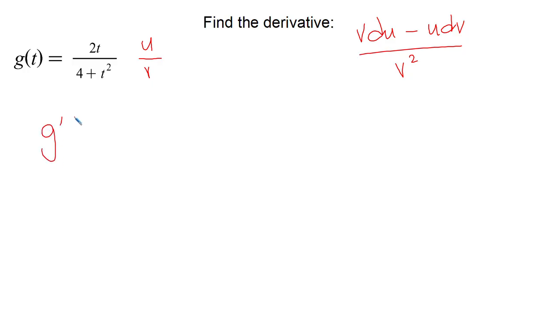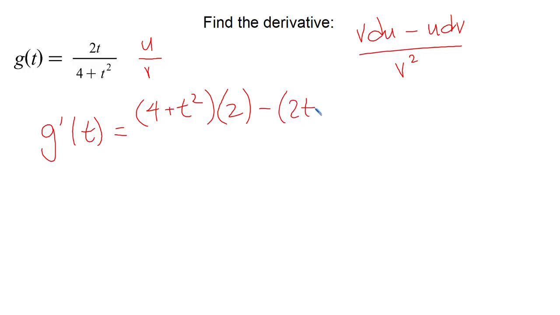So our function's derivative, g prime of t, ought to be the denominator, 4 plus t squared, times the derivative of 2t, which is just 2, so v du, and then minus u, which is 2t, times the derivative of v, the derivative of 4 is 0, and the derivative of the plus t squared is just another 2t.